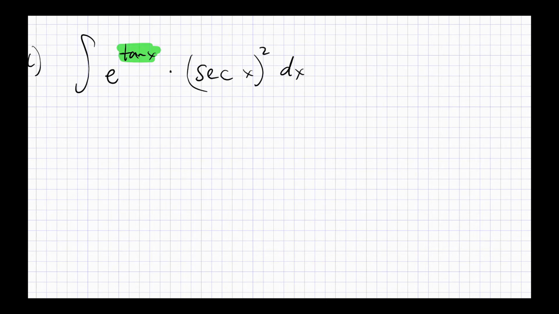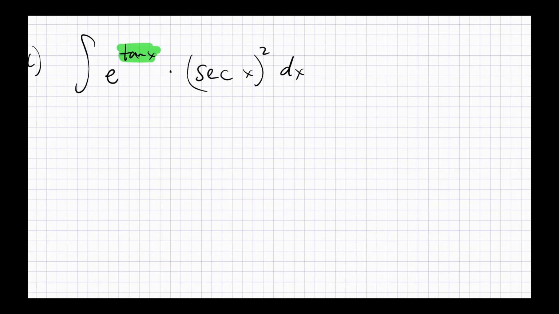What's another key, a bell that goes off in my head that says, hey, maybe that's going to be the correct u? Secant squared, right? Don't I have a secant squared in there?